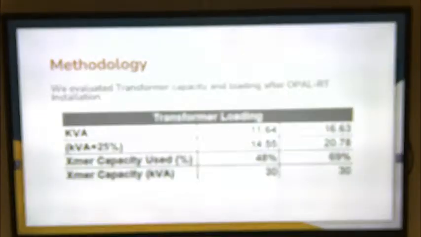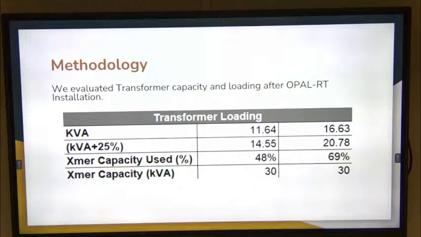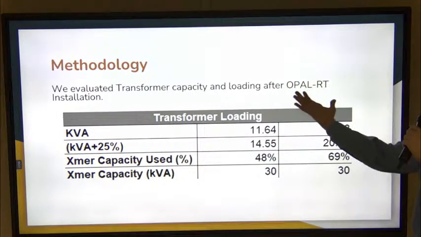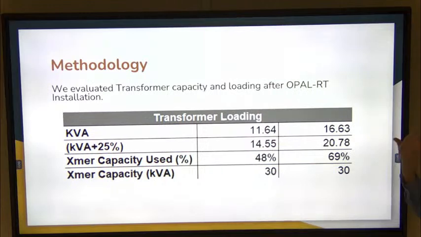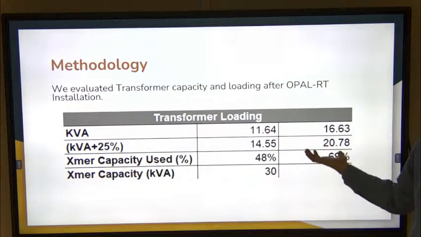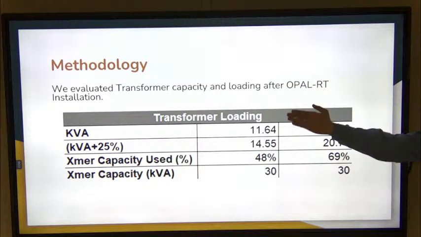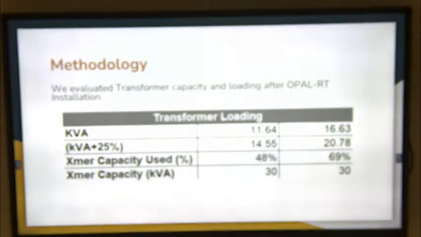As for understanding the transformer loading, or better, the capacity of how much more it could grow in the future, we evaluated the currents that are expressed in the panel, and those were 14 amps and 20 amps.